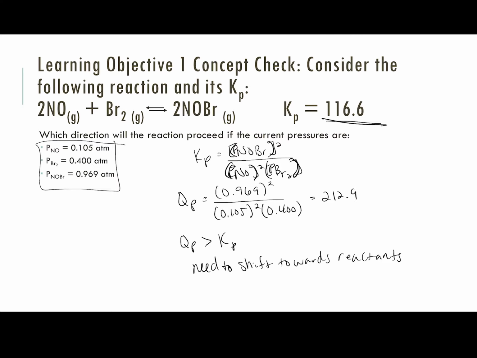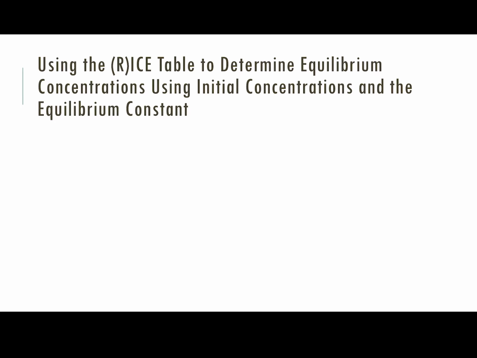Okay, now let's look at using our ICE table to determine equilibrium concentrations using initial concentrations and our equilibrium constant. So in order to do this, we need the following information. We're of course going to need a balanced equation.